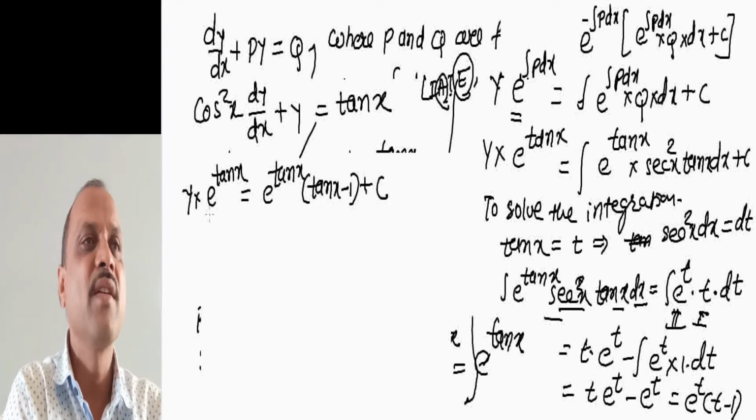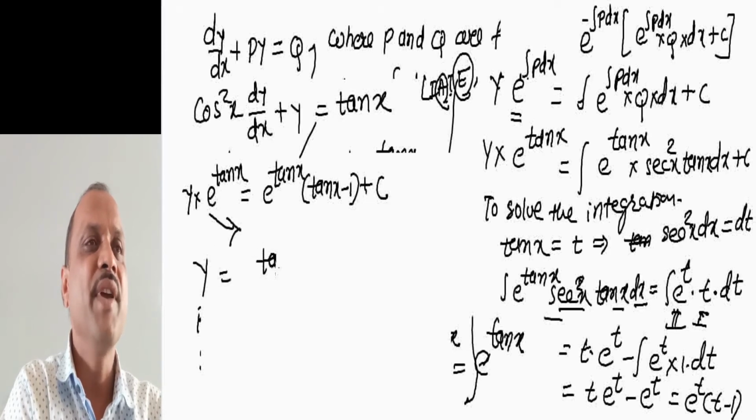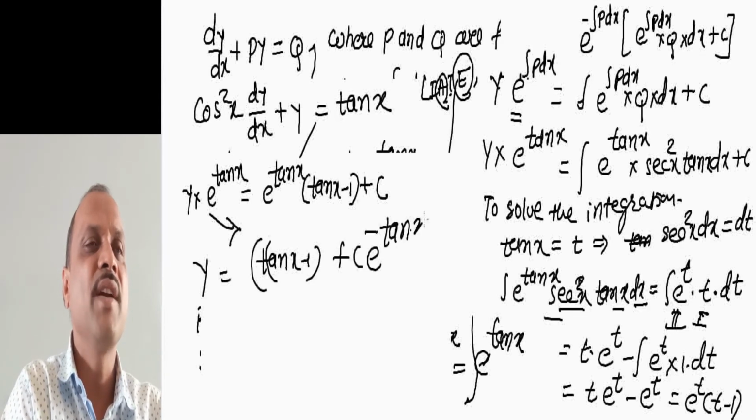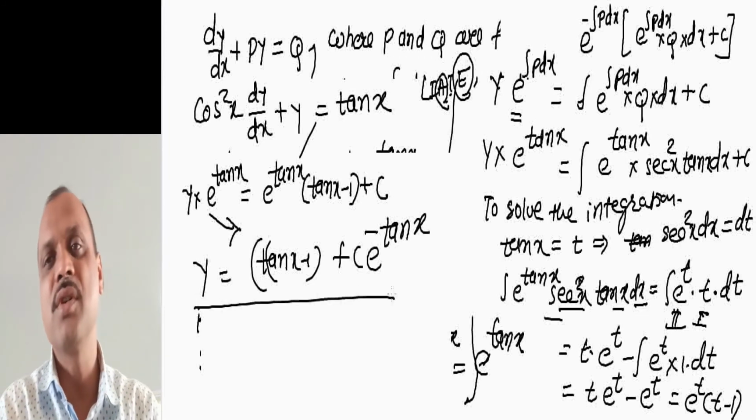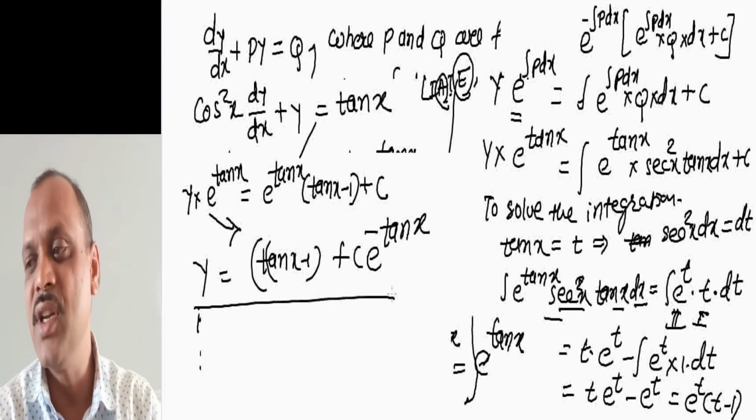Just transfer this term to this side, we get y equals tan x minus 1 plus c into e raised to minus tan x. So this is the solution of this differential equation.